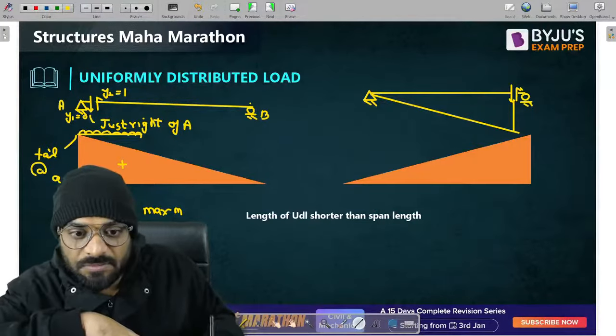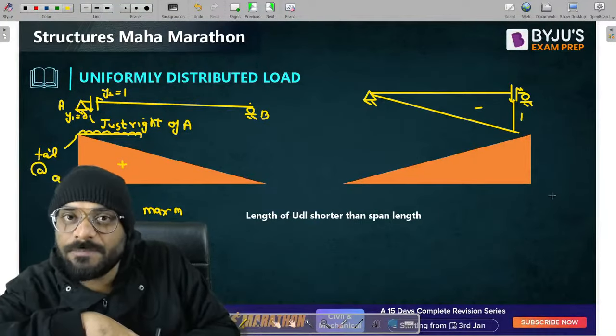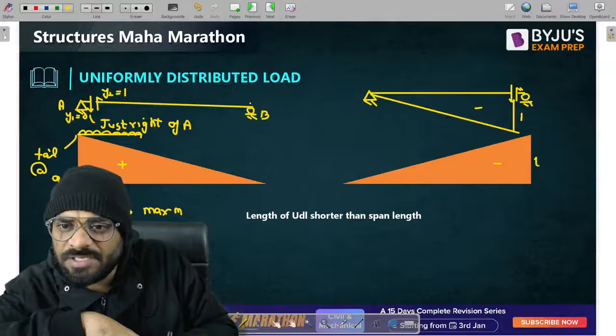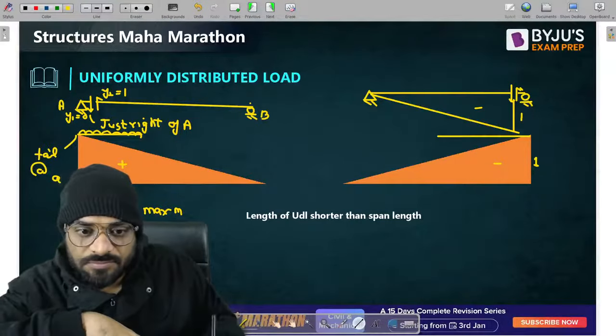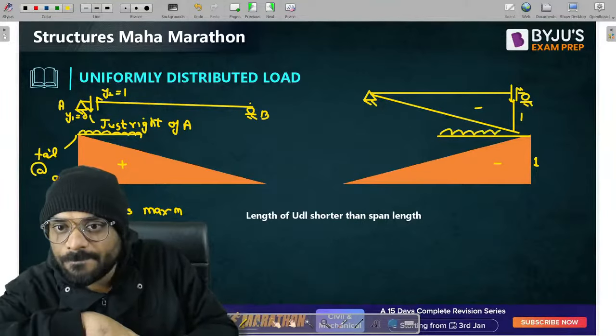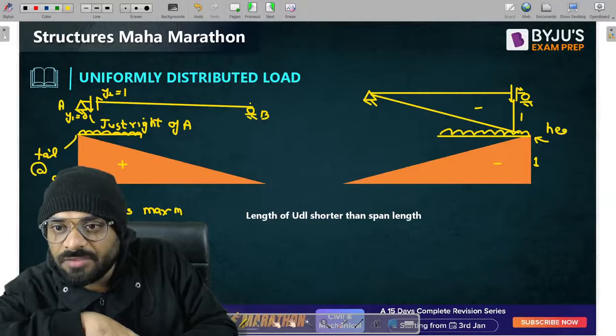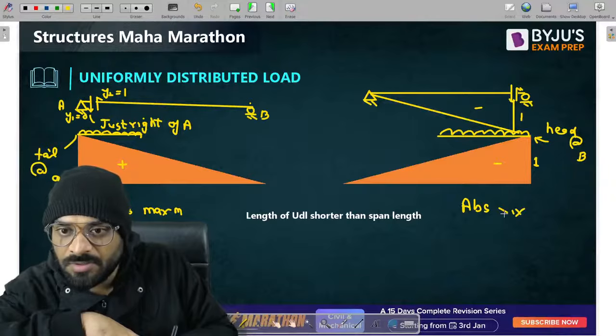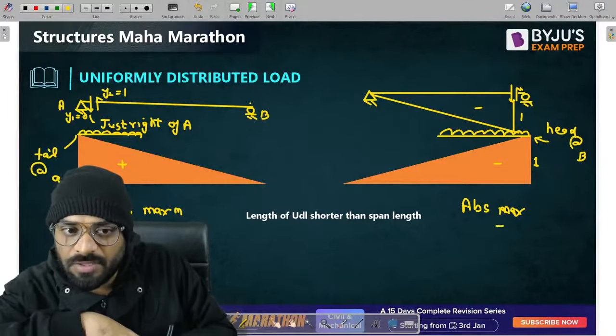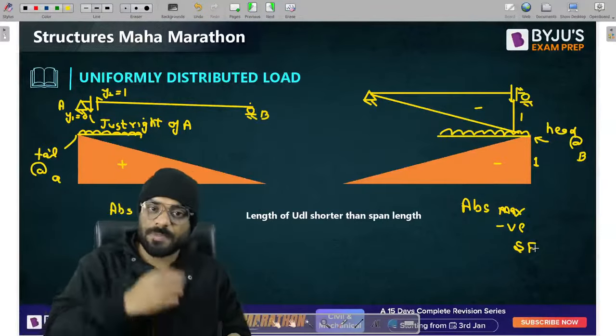So this is minus and this one is 1, right? Either you can represent it in this way also. Now, in this case, head at B, and this is our absolute maximum negative shear force. Clear? Next one.